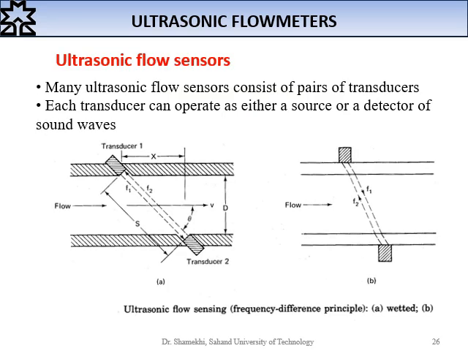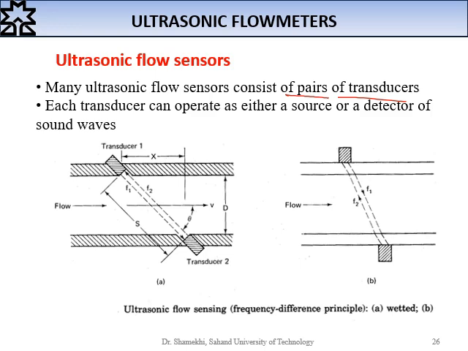And we have two types of ultrasonic flow sensors. Many ultrasonic flow sensors consist of pairs of transducers. Each transducer can operate as either a source or a detector of sound waves.